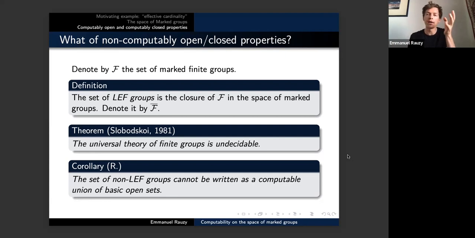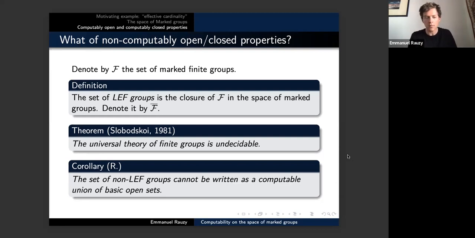Let me remark that this corollary, for instance, explains in part why it is so hard to find a hyperbolic group which is not residually finite. This is a well-known conjecture that such groups exist, and no one has been able to find one.